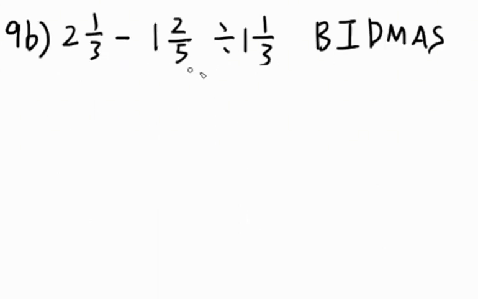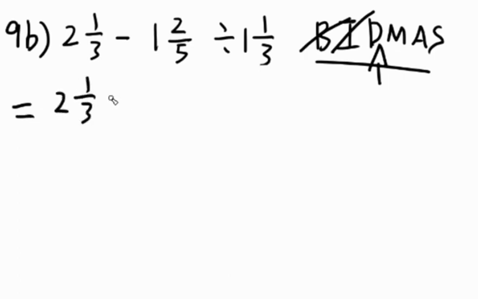2 and 1 over 3 minus 1 and 2 over 5 divided by 1 and 1 over 3. Now, according to BitMath, since we do not have any brackets or indices, we will follow division first. So we can convert these into improper fractions first. So 2 and 1 over 3 minus 7 over 5 divided by 4 over 3.